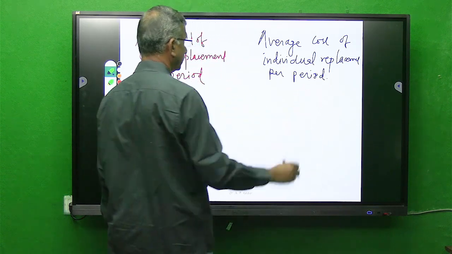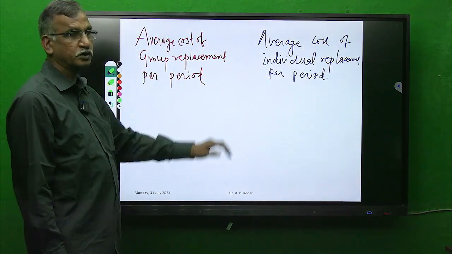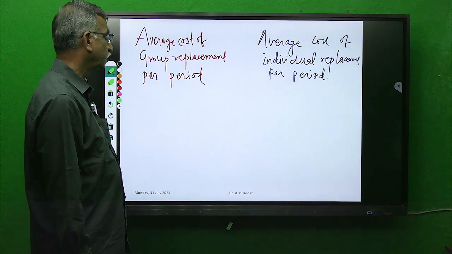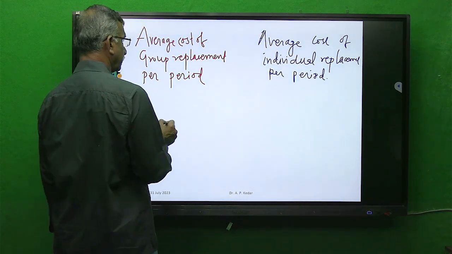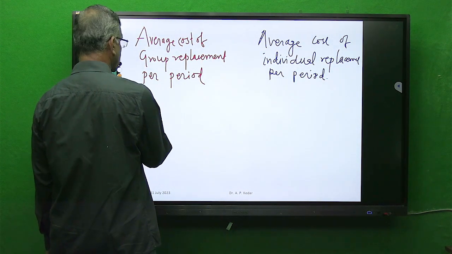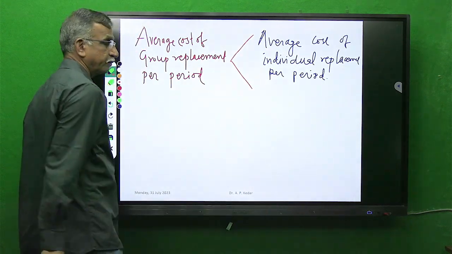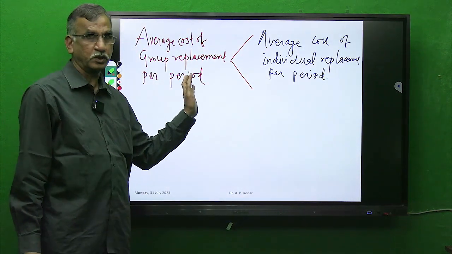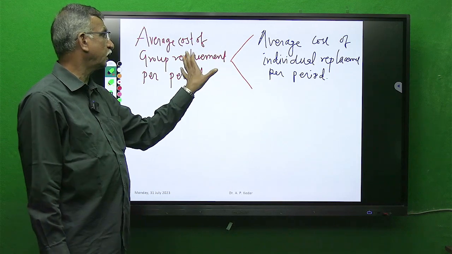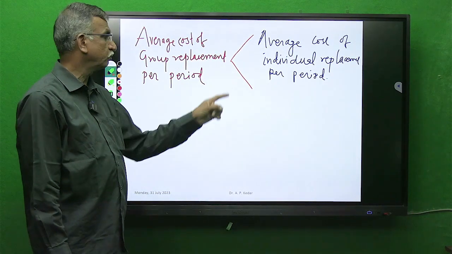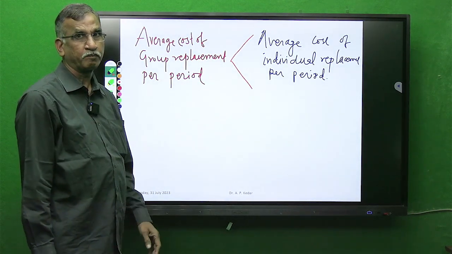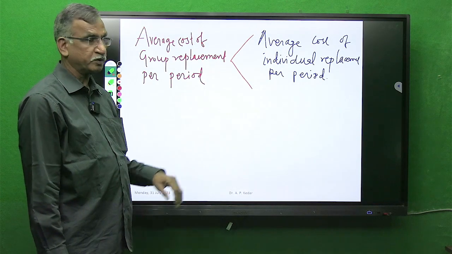And we have seen that based on this relationship, suppose we get that the average cost of group replacement is less than the average cost of individual replacement, then we will prefer group replacement.